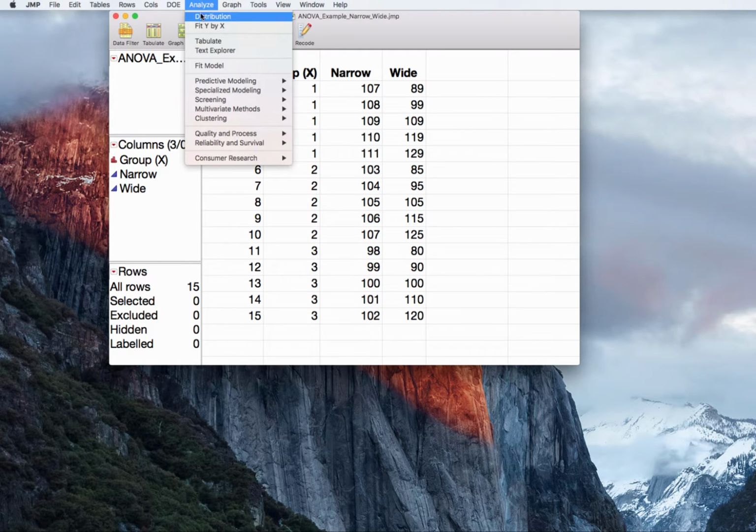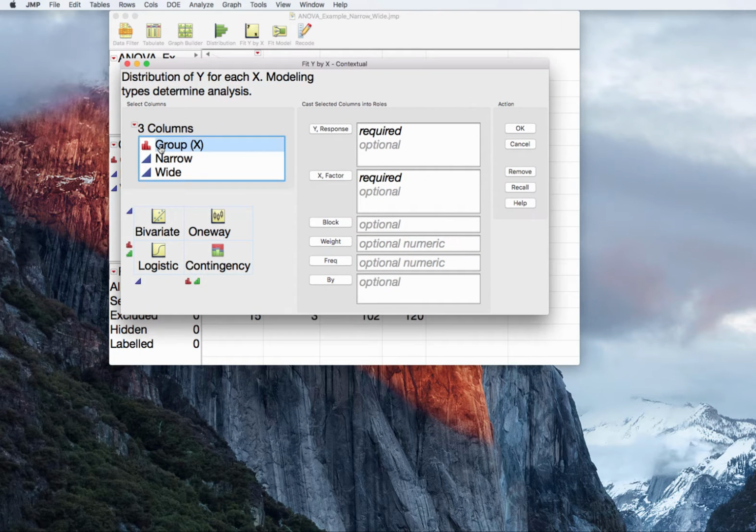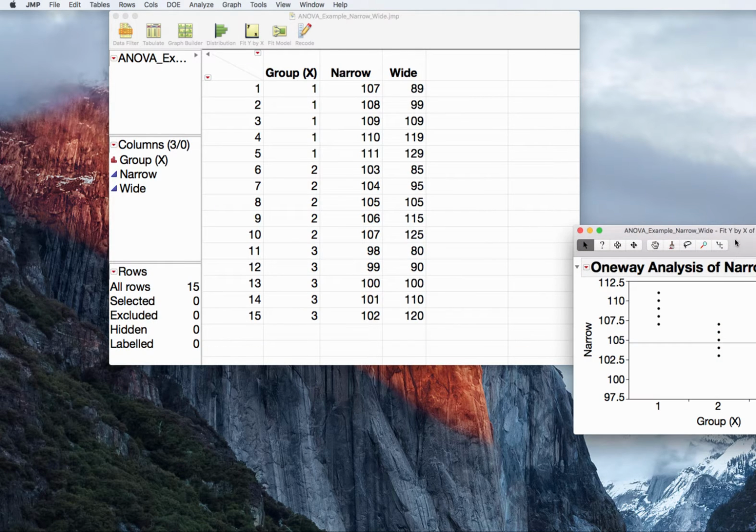So we'll go to Analyze, Fit Y by X, and we'll put group as our X and narrow as our Y. You can see here that our group values that are nominal and our Y value that is continuous will get us a one-way analysis of variance. Press OK.